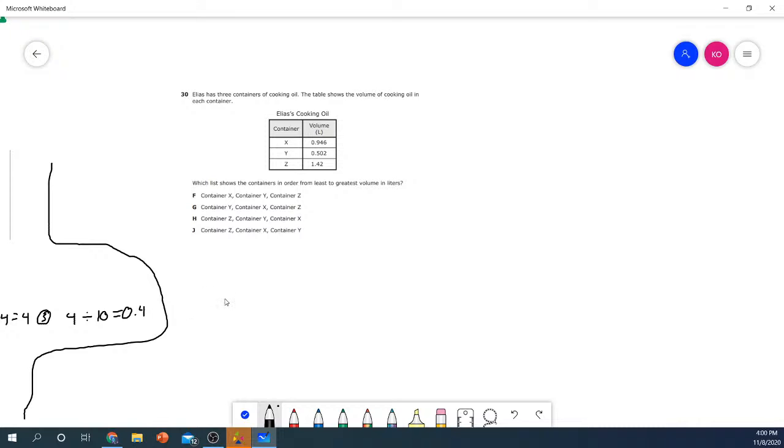So Elias has 3 containers of cooking oil. Wait, almost forgot. Highlight all the important words in your question. So Elias has 3 containers of cooking oil. The table shows the volume of cooking oil in each container.